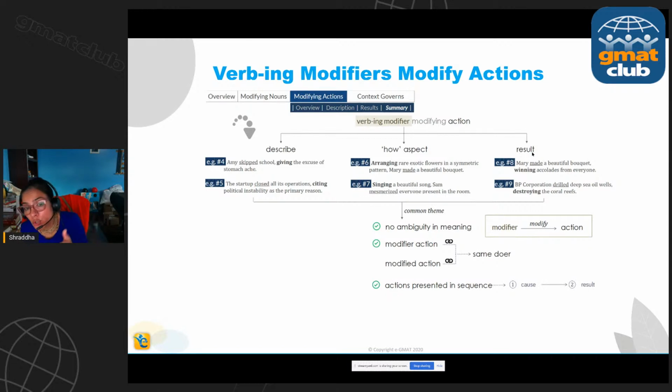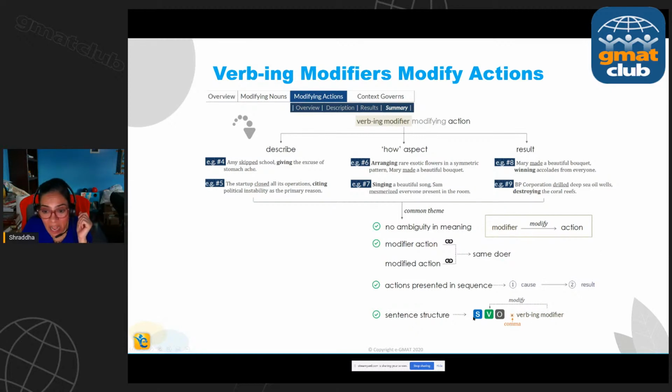So in order to maintain that sequence between cause and effect, the comma plus verb ing modifier specifically used to present the result of an action is always written after the modified action. All right. So these are a few of the things that we understood. This is the general structure of the correct usage of the comma plus verb ing modifier.